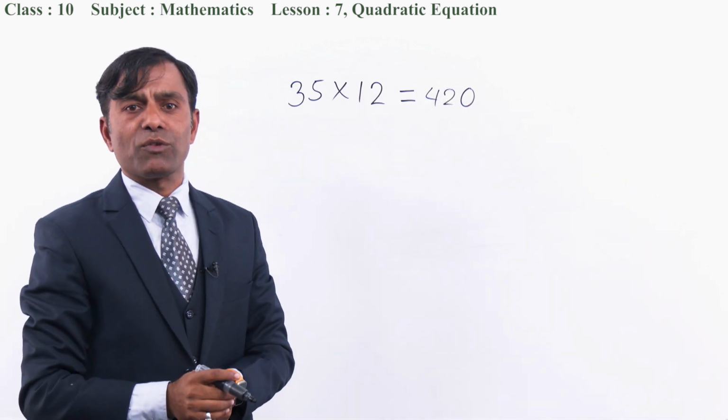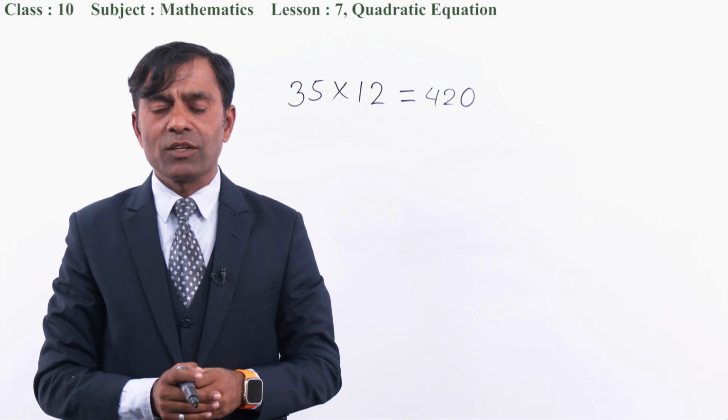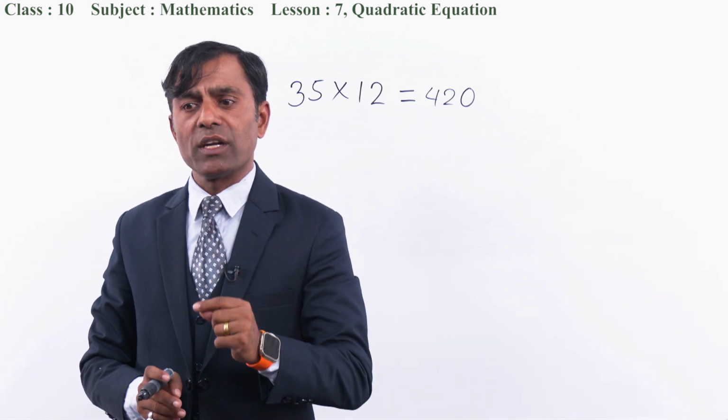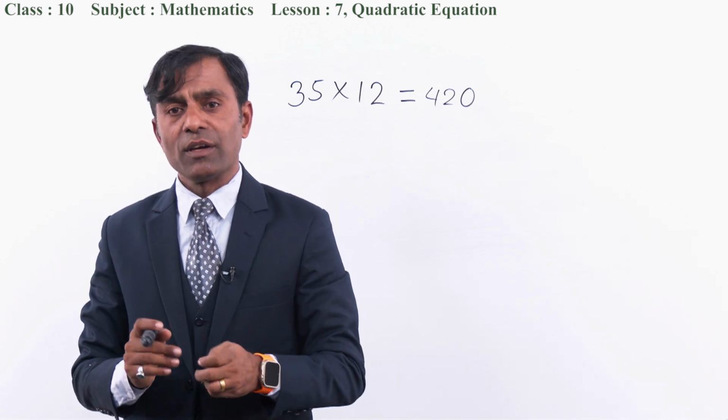This is 420. The present age product is 420. So now the question is, how many years ago was their age product 210? When was their product 210? That is the question we have to find.